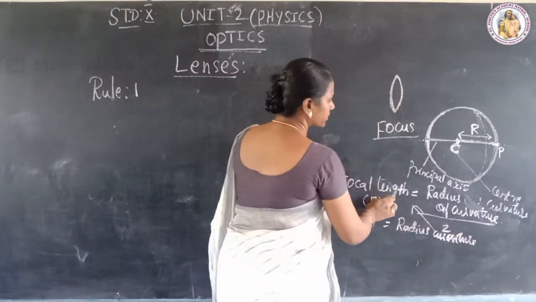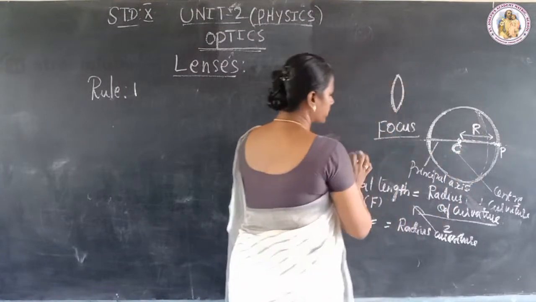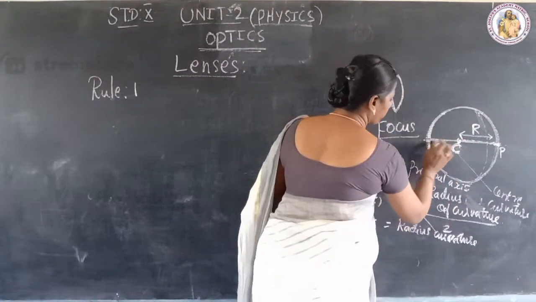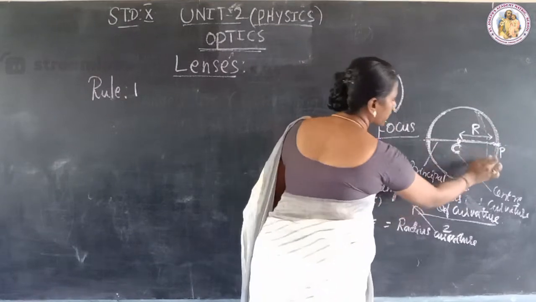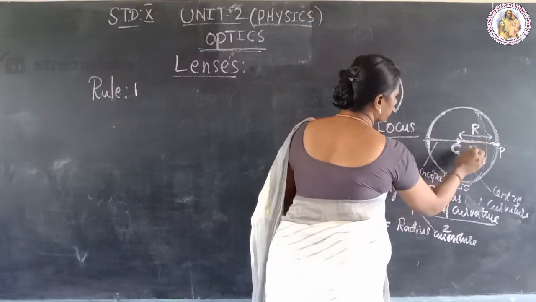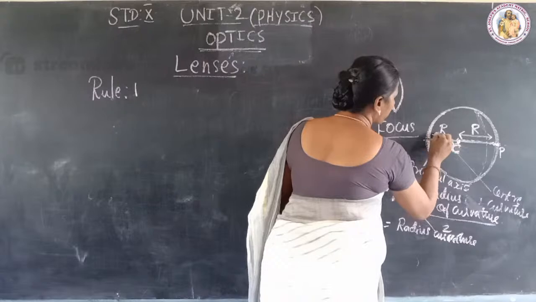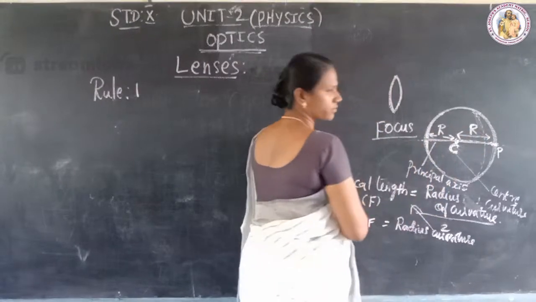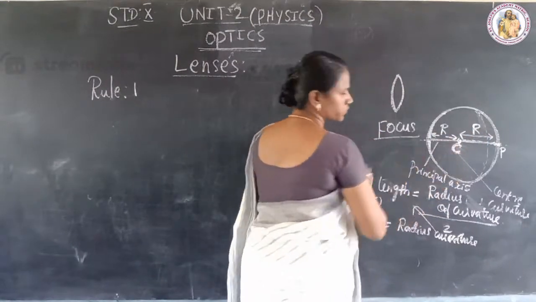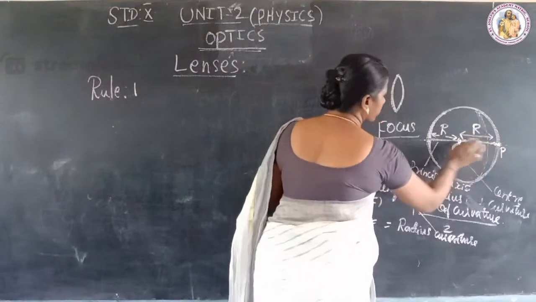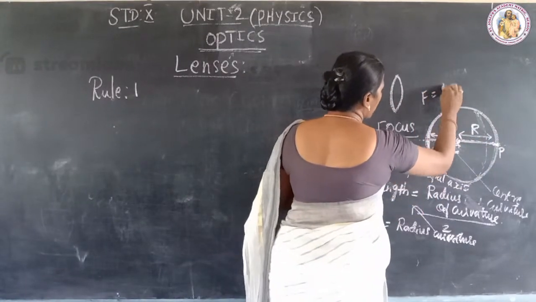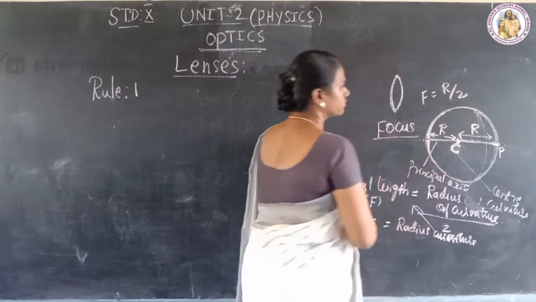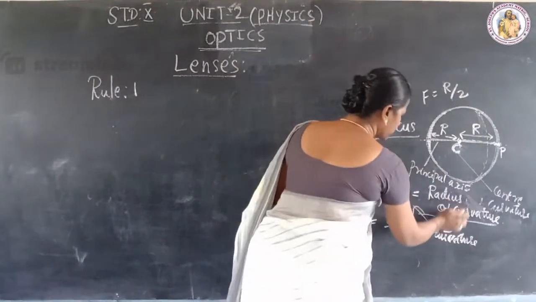This is F, the focal length, which is equal to R by 2. On this side we have an R, and on another side also we have an R. So F is equal to R by 2, where R is the radius of curvature.